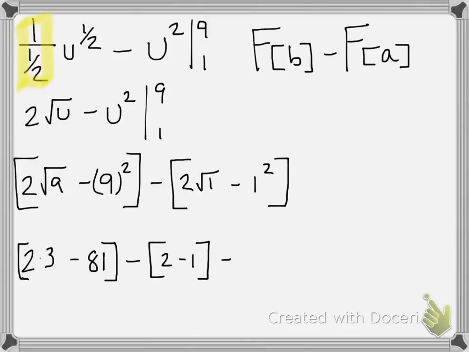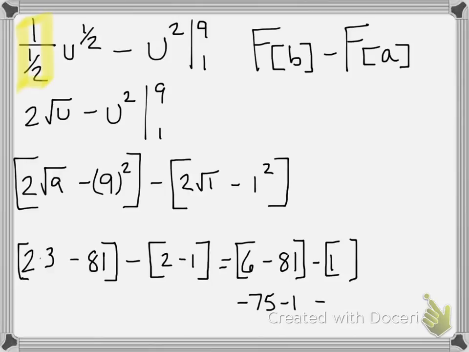And that is going to be equal to 6 minus 81 minus 1. Just put those in there so you can see it. And so that is going to be negative 75 minus 1, which is equal to negative 76.